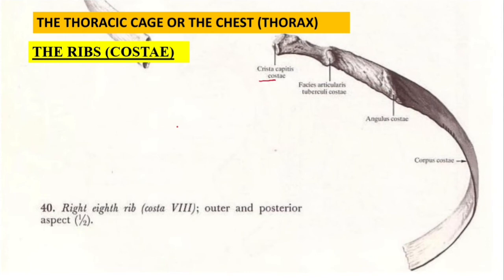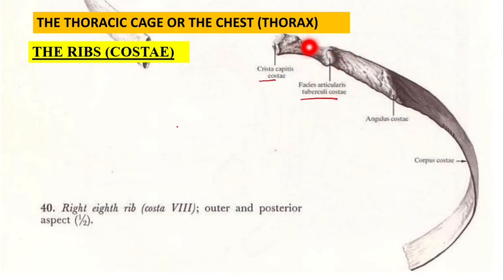On the posterior view, I'm sure you can appreciate the crest, because on the head, at the articular point, there is a ridge, the crista capitis costae. And here you can see the facies articularis tuberculi costae, which is how it articulates with the tubercle.